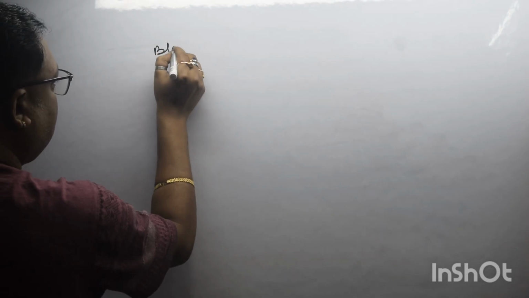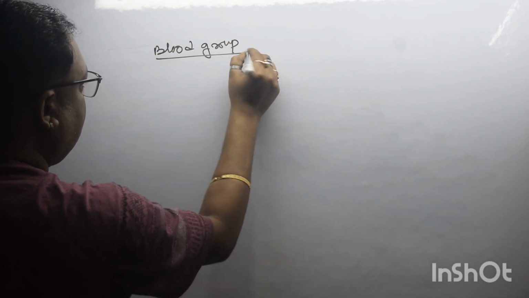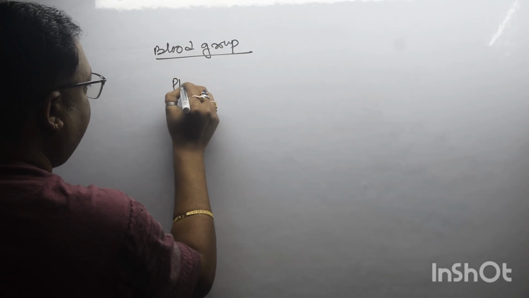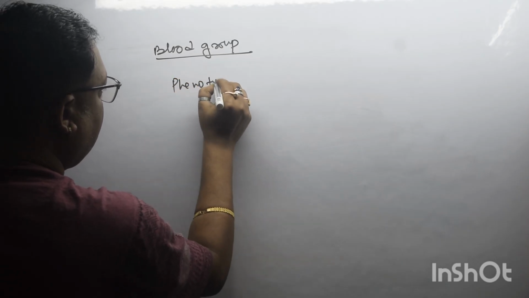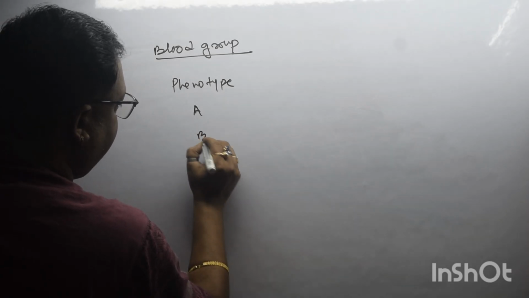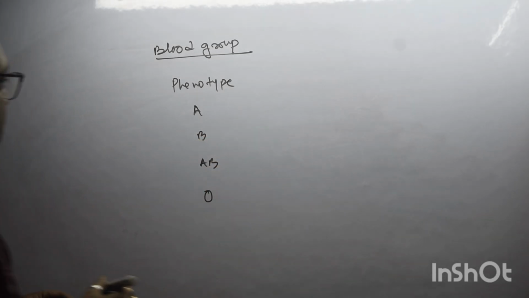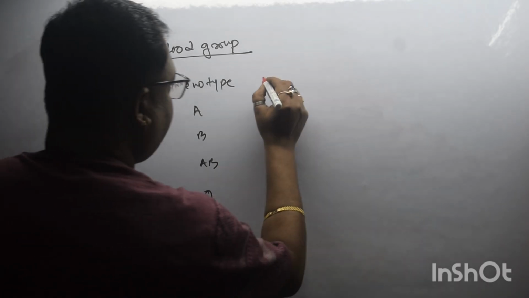In case of blood groups, there is phenotype, which is blood group A, blood group B, blood group AB, and blood group O. Now you must remember this, they can be expressed in different kinds of genotypes.